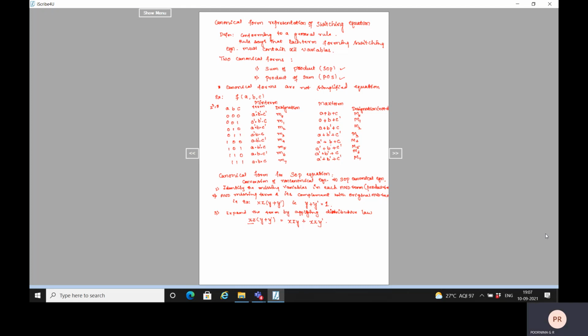Moving further, now let us discuss how to convert a non-canonical POS equation to a canonical POS expression.